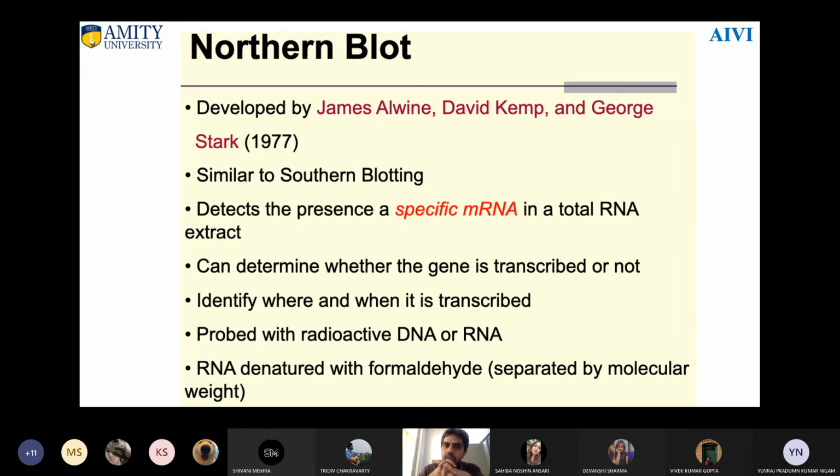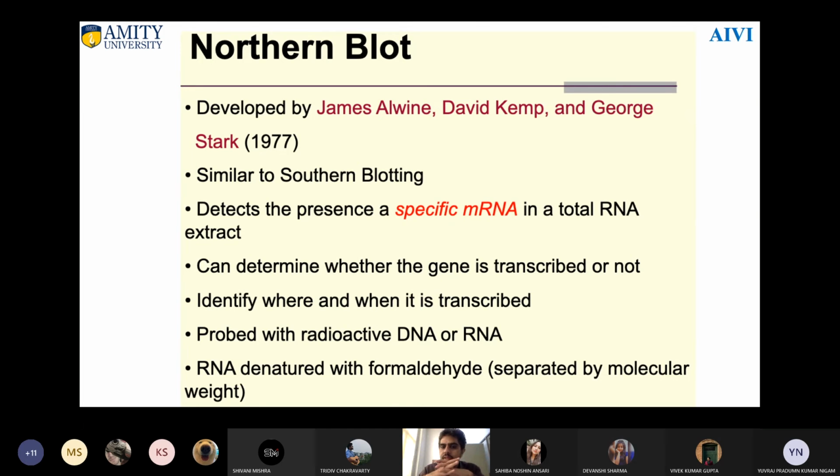Northern blotting and southern blotting are both similar. The difference is that in southern blotting you're transferring your DNA, but here it is the RNA. So it is very much similar to southern blotting.